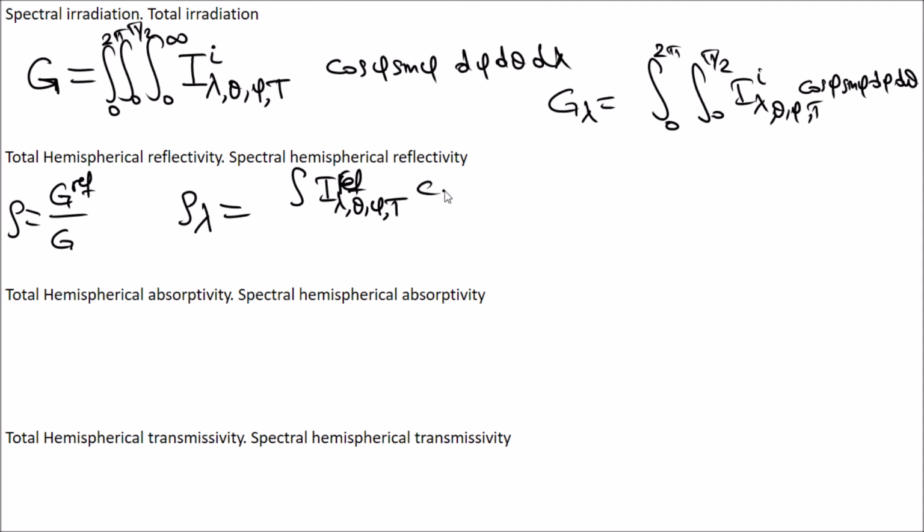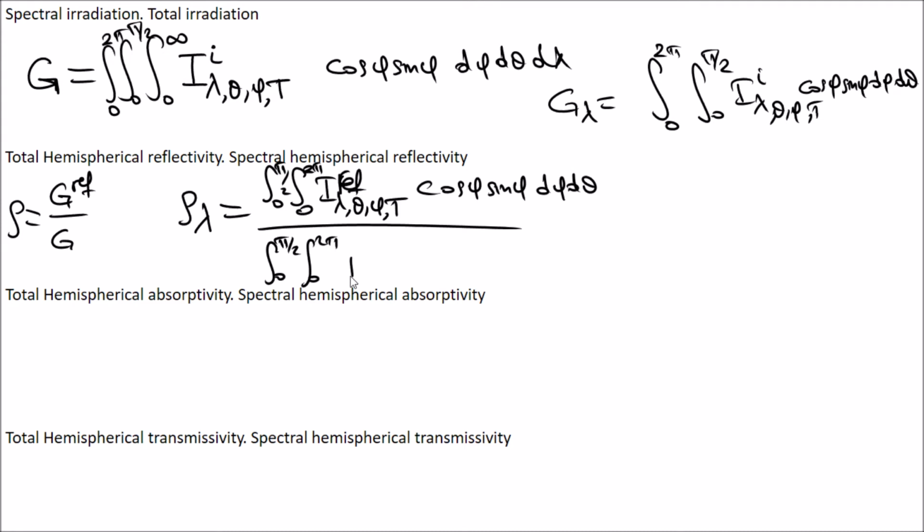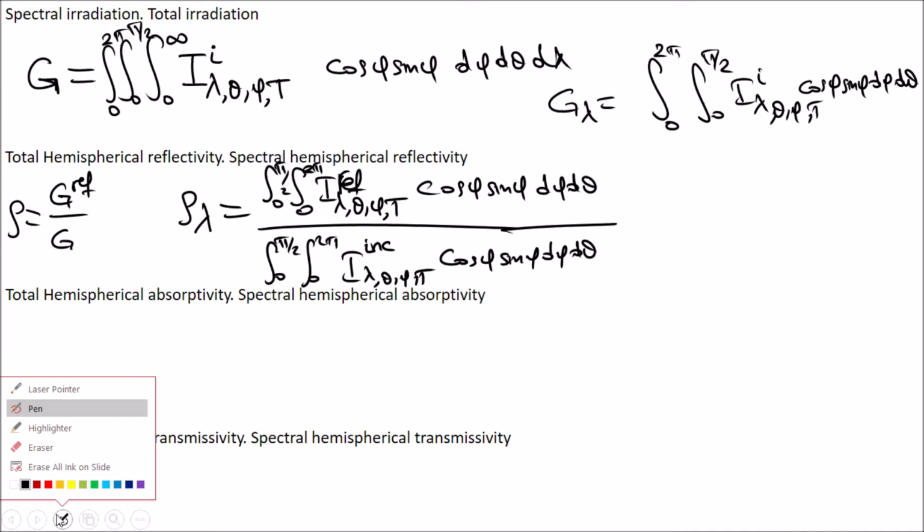You will integrate with respect to angle only, and you will not consider the lambda here, and divide by the same thing, but now it will be I lambda, theta, phi, temperature, with the incident instead of reflected, and the cosine theta, sine theta, d phi, d theta. That is the definition for the spectral hemispherical reflectivity.